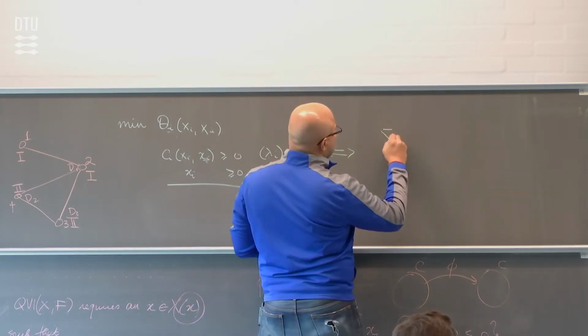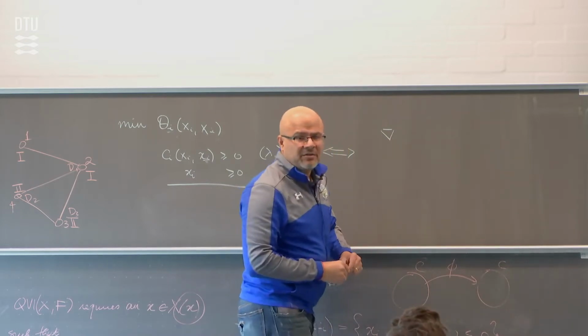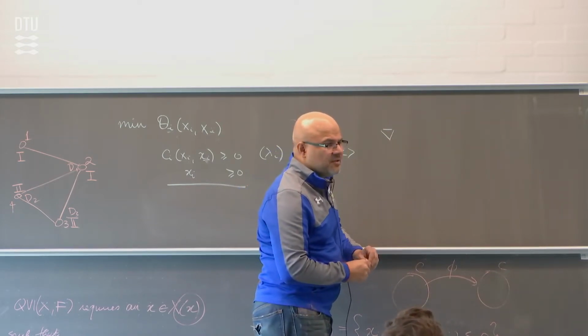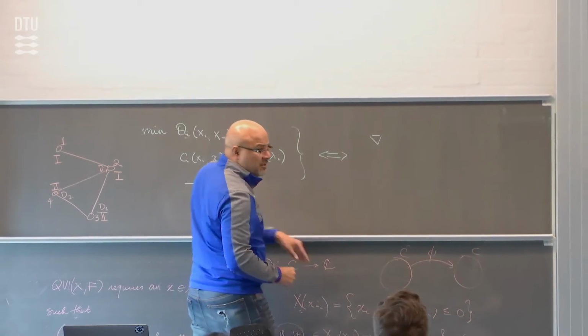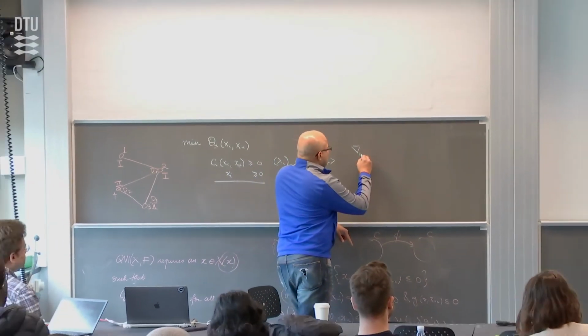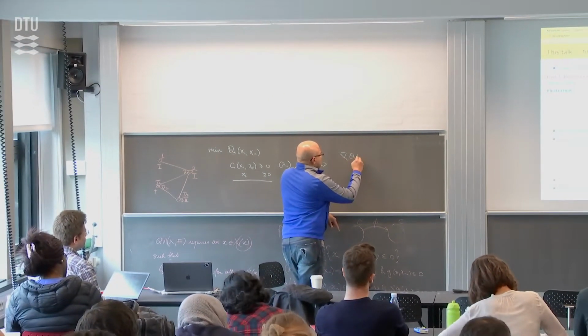The KKT conditions of this, someone help me out? What are the KKT conditions of this? Take the gradient of the objective in xi, and what else?